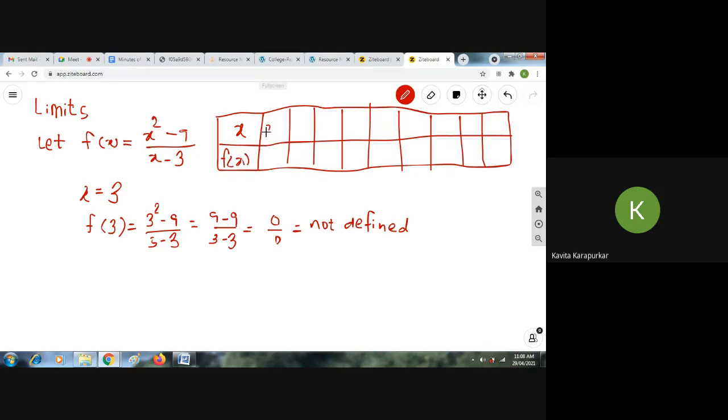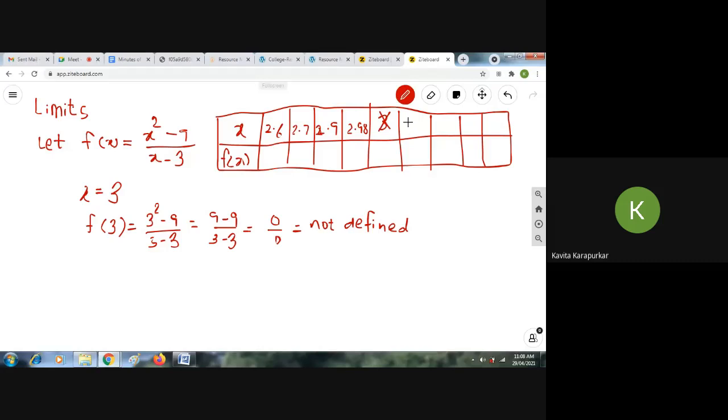Now x is taking values say 2.6, 2.7, 2.9, 2.98. I'm coming close to 3. I am not going to substitute 3, but I'm writing it because I'm coming close to 3 from values less than 3.